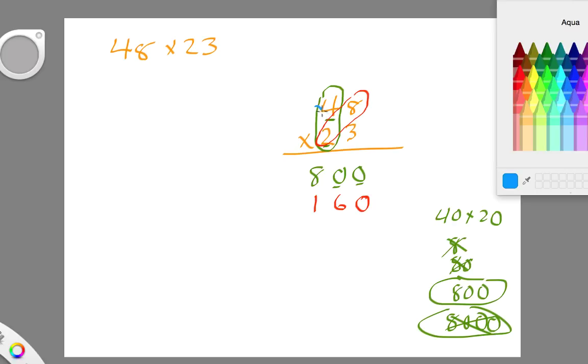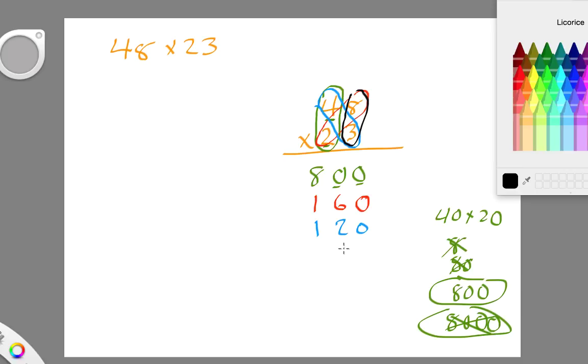And then we're going to do the other diagonal, 4 times 3, but it's really 40 times 3. This is step 3, 4 times 3 is 12, but since it's 40, it ends up being 120. And then the last one, I guess we'll go for black again, is 8 times 3.